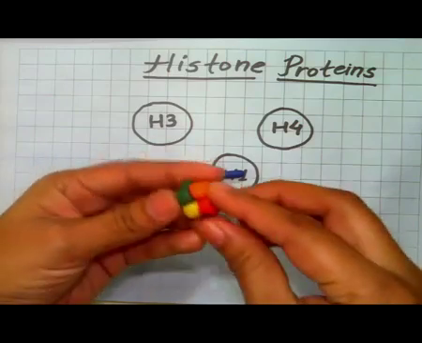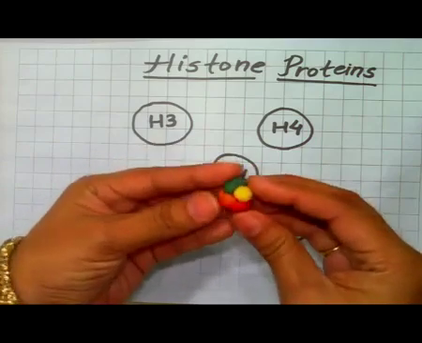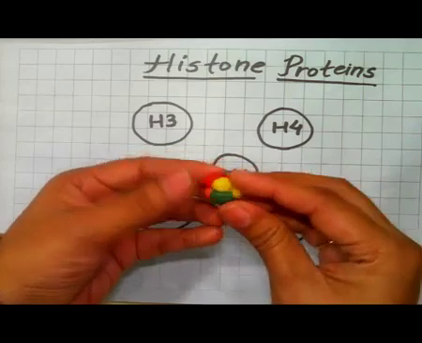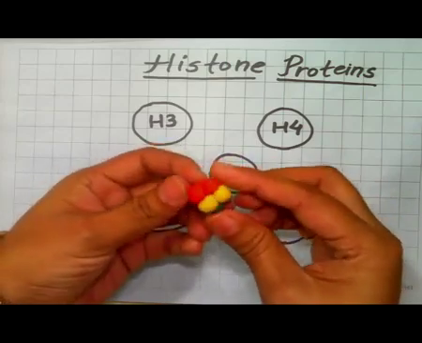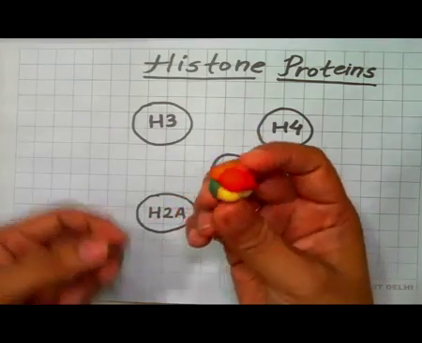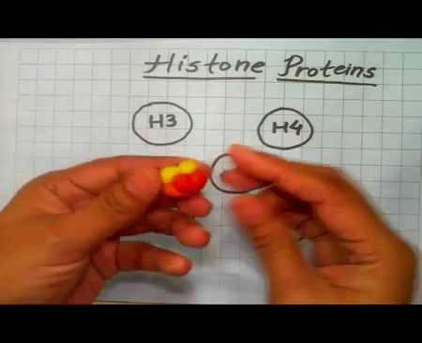You can see 2 molecules each of H3, H4, H2A, H2B combine together to form the histone octamer. Let us consider this as a histone octamer having 2 molecules each of H3, H4, H2A and H2B.